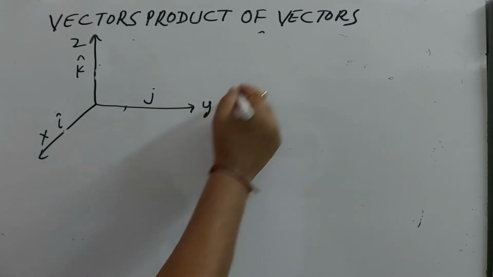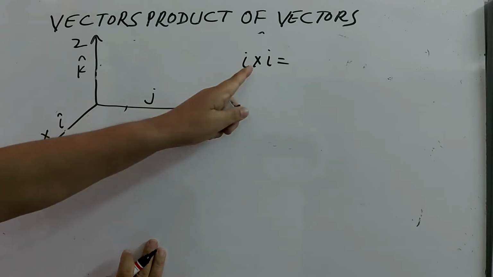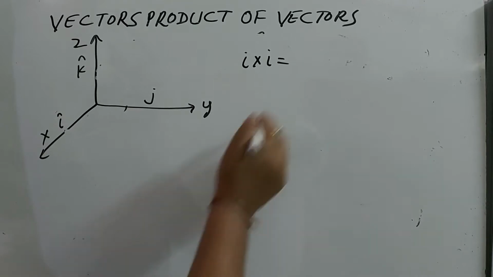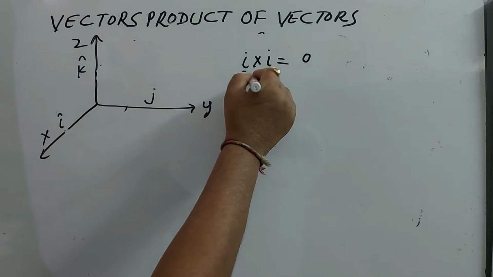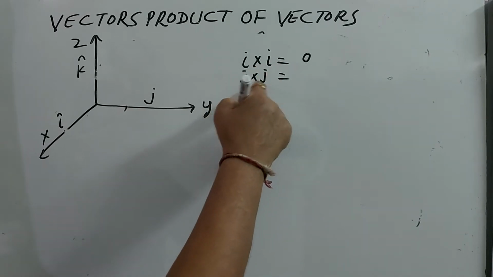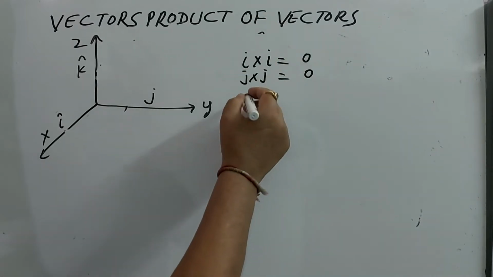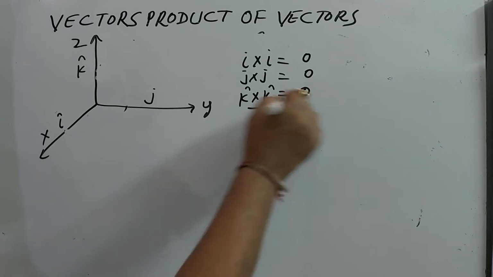Now if I write i cross i, it means 1 into 1 into sine 0, that will be 0, so this vector will be 0. Similarly, j cross j: the angle between j and j is again 0 degree, so this will be 0. And similarly, k cross k is also 0.